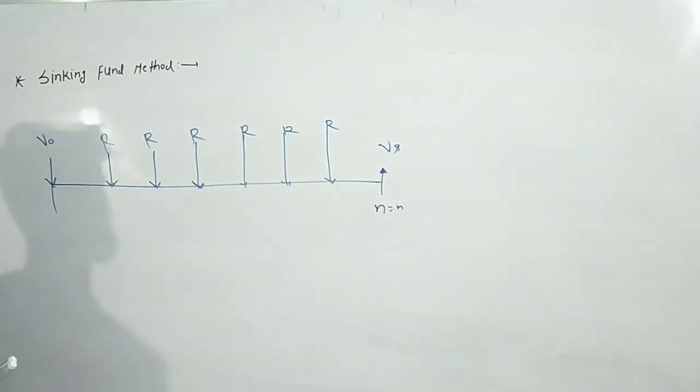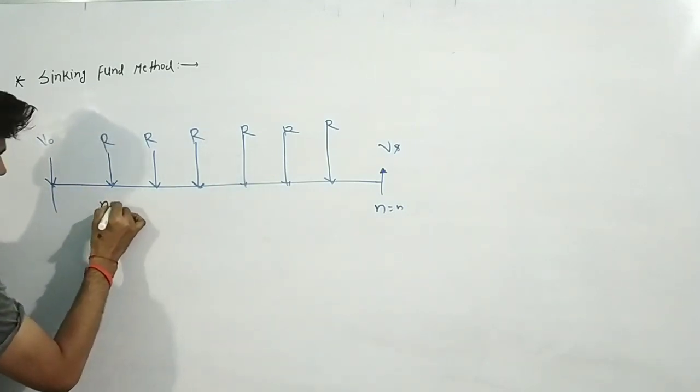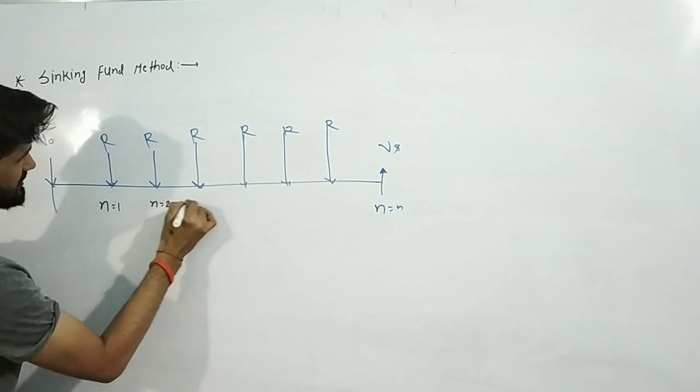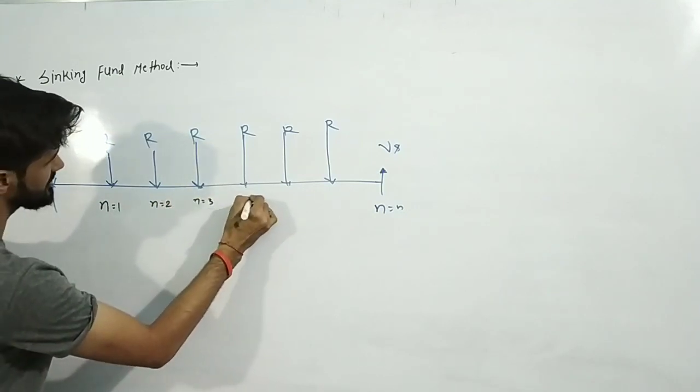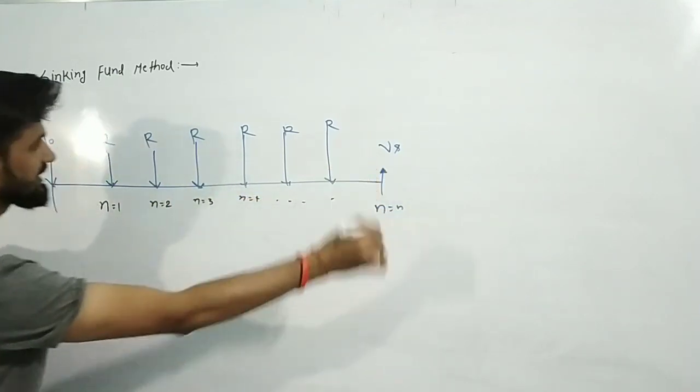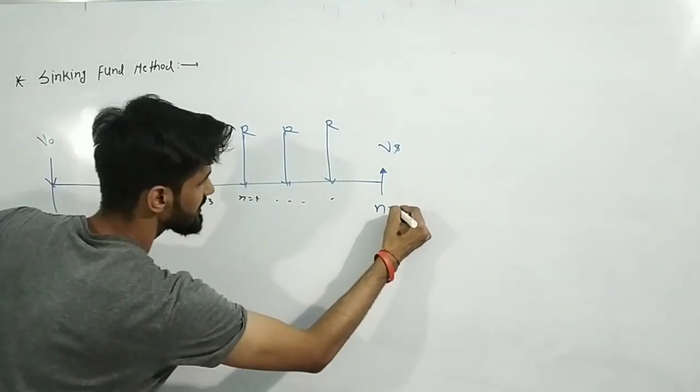Here you will be getting a salvage value of Vs. Now understand one thing. Here n is equal to 1, n is equal to 2, n is equal to 3, n is equal to 4, and whatever the service life of the year is, it will go up to the service life.